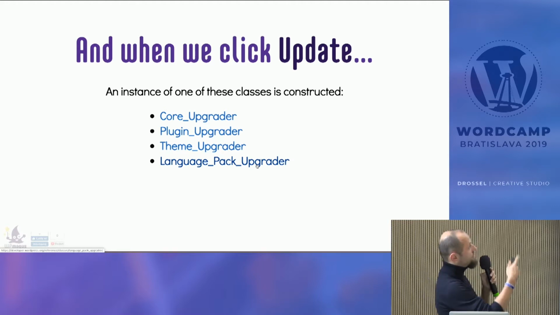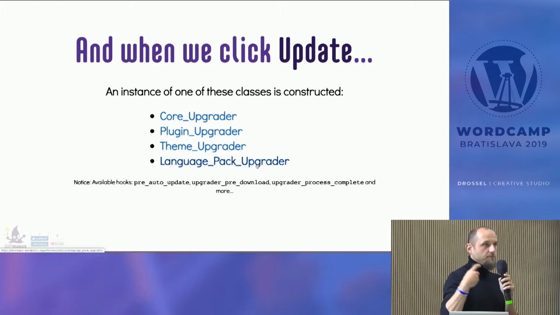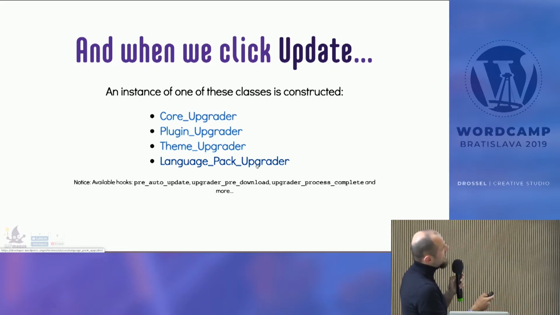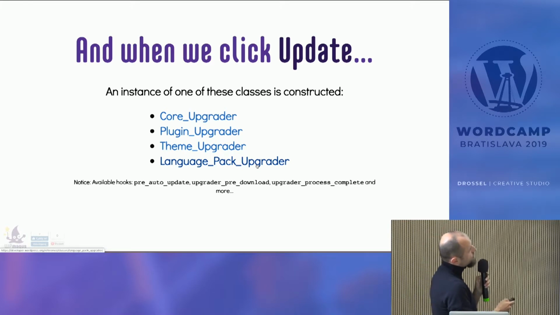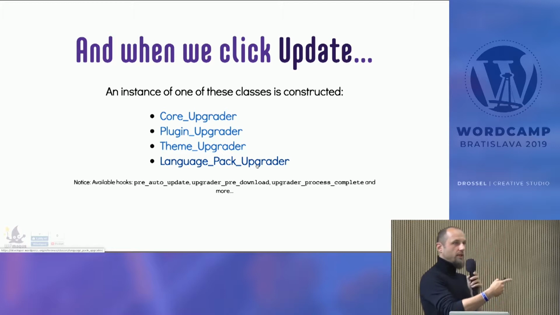Again, all of these classes are well documented in the Codex, so you can check it later on. The important thing for us, for now, is that all of these classes are using pre_auto_update and upgrader_pre_download and upgrader_process_complete filters and much, much more. Okay, so we can hook our code in there.